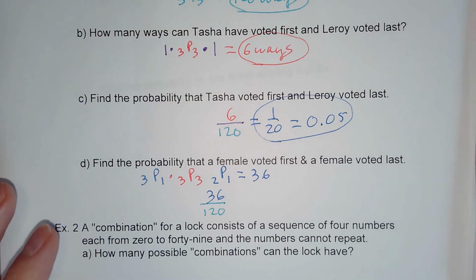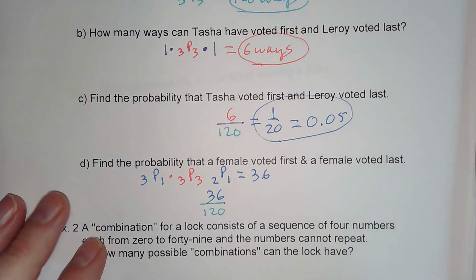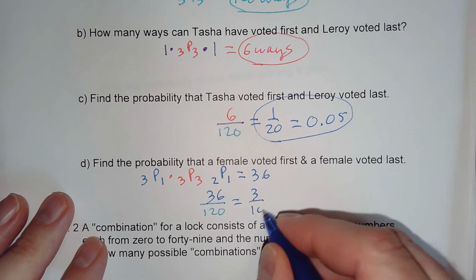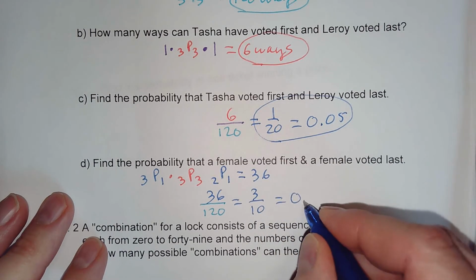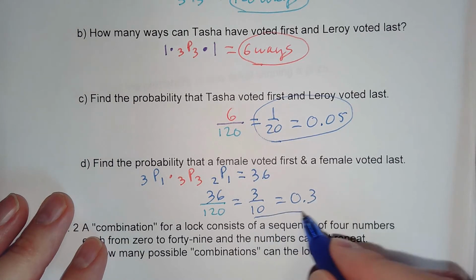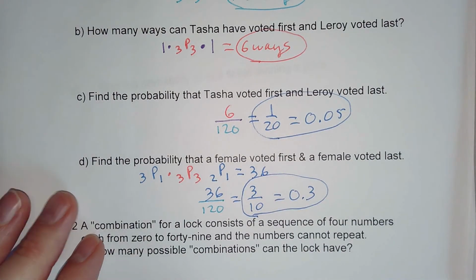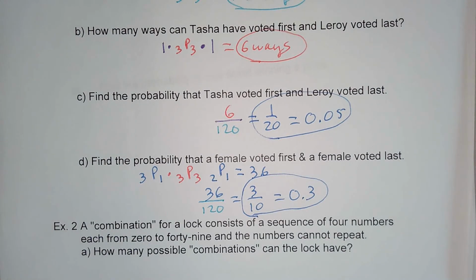So we're going to do 36 over 120. That's going to reduce to 3 over 10, or 0.3, which means there's about a 30% chance that a female voted first and a female voted last.